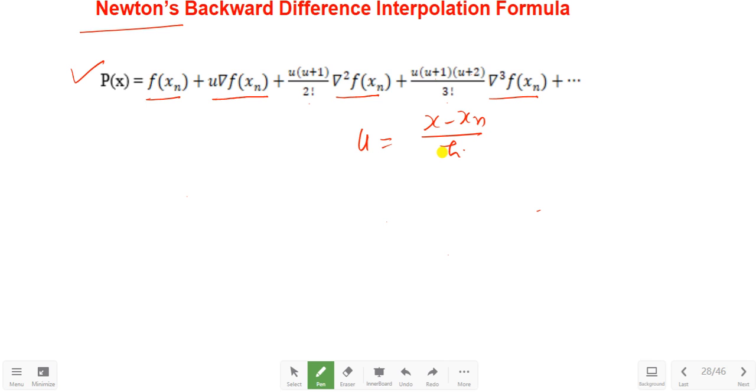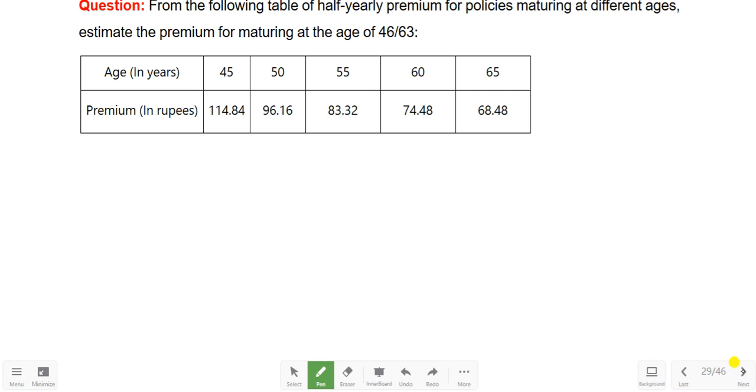Here I will explain both interpolation methods with the help of a question. Now the question is: from the following table of half yearly premium for policies maturing at different ages, estimate the premium of policies maturing at the age of 46 years and at the age of 63 years.